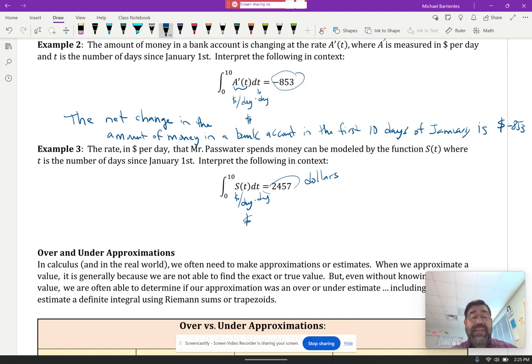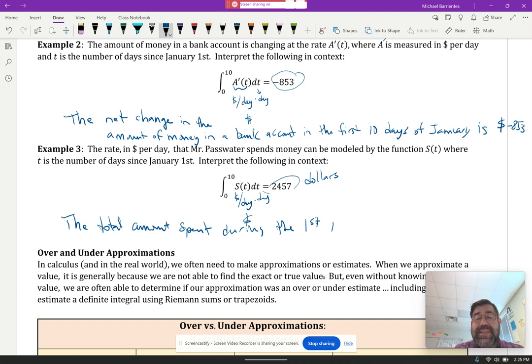Well, this function is only measuring how much money he's spending, right? It's not measuring how much money he's earning and spending. It's just amount spent. So we can say the total amount spent by Mr. Passwater during the first 10 days of January is 2,457.